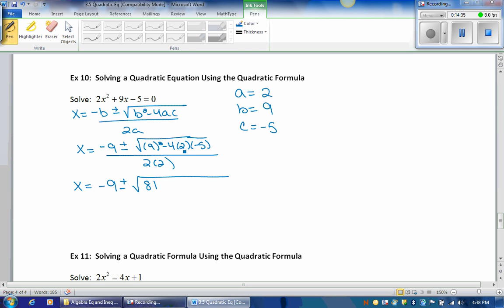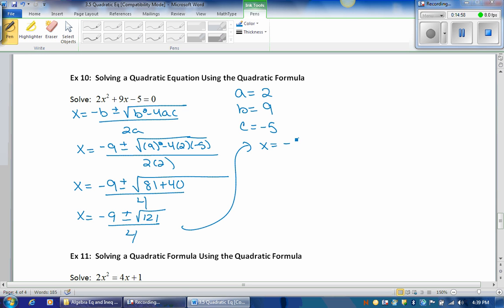Negative 4 times 2 is negative 8. Negative 8 times negative 5 is positive 40, over 4. Negative 9 plus or minus the square root of 81 plus 40, which is 121, over 4.